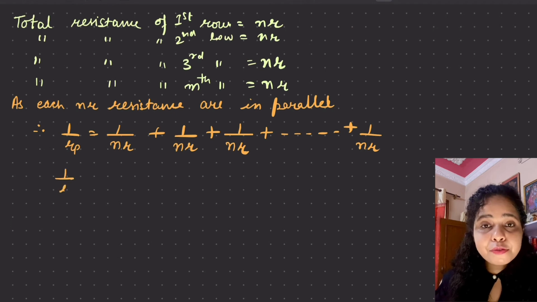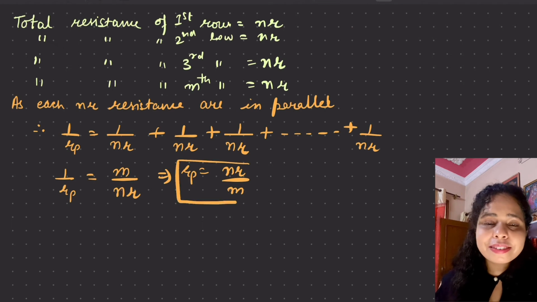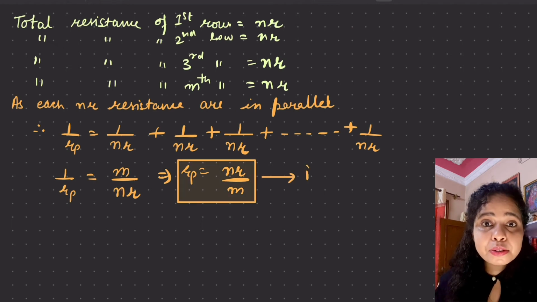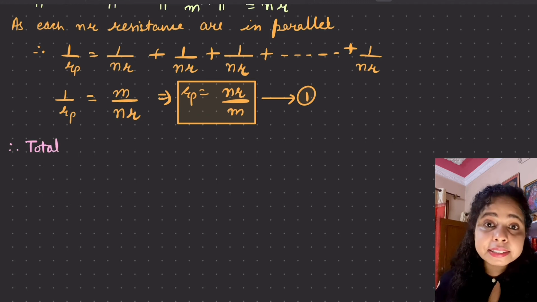Therefore 1 upon rp is equal to m divided by nr, or rp is equal to nr divided by m, which is the first equation. This is the total resistance offered by the mixed grouping of cells when n cells are in series and m rows are there.